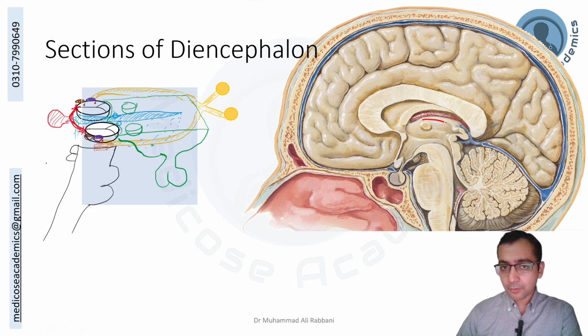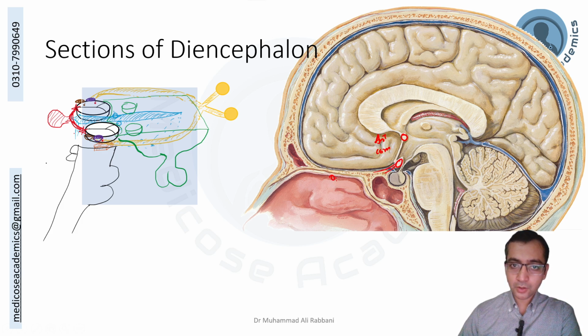This line, if you are able to appreciate it, these structures that are going right here, these are called stria terminalis. This is the anterior commissure.